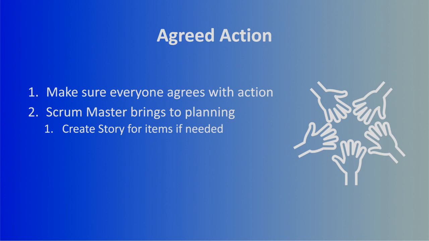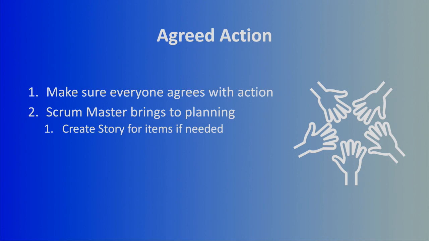So after we've done that, we got everybody to agree on the actions that we're going to take, those experiments. It's important then for whoever's facilitating, which is usually the Scrum Master, to bring those to our next planning event, making sure that the team is following the experiments that we've done. And if needed, you can create stories for the items, right?